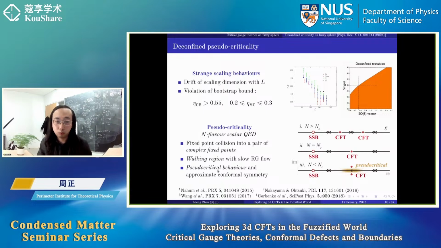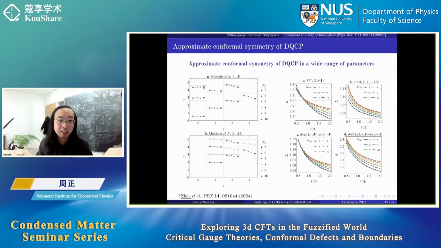And that's what we call the pseudo-critical behavior. And in our SP2 model, we indeed approximate conformal symmetry in a wide range of parameters, but not as good as the truly critical cases.